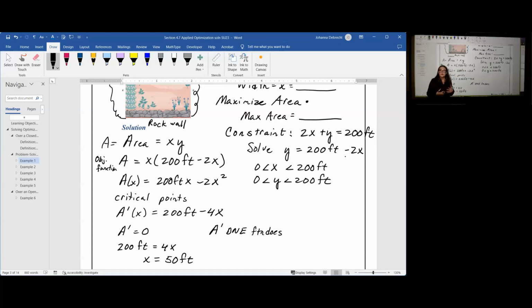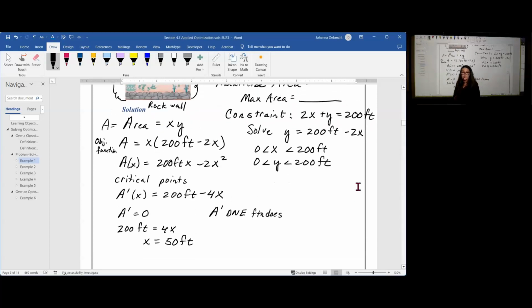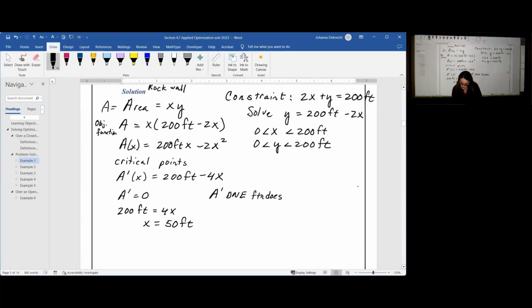We can either do the first derivative test and test for increasing and decreasing to find whether it's a relative minimum or maximum, or the second derivative test. In this case, because the first derivative is relatively simple, we're going to do the second derivative test.